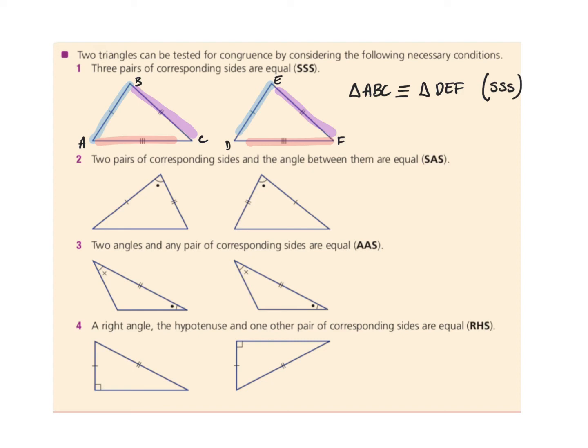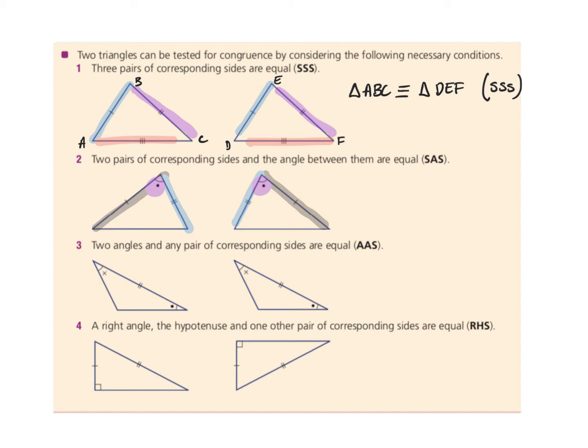Now, another way you can prove that they are congruent is where you have two sides. This side is the same length, and also this side is the same length, and the angle in between them is given by the same dot, so they're saying that's the same as well.